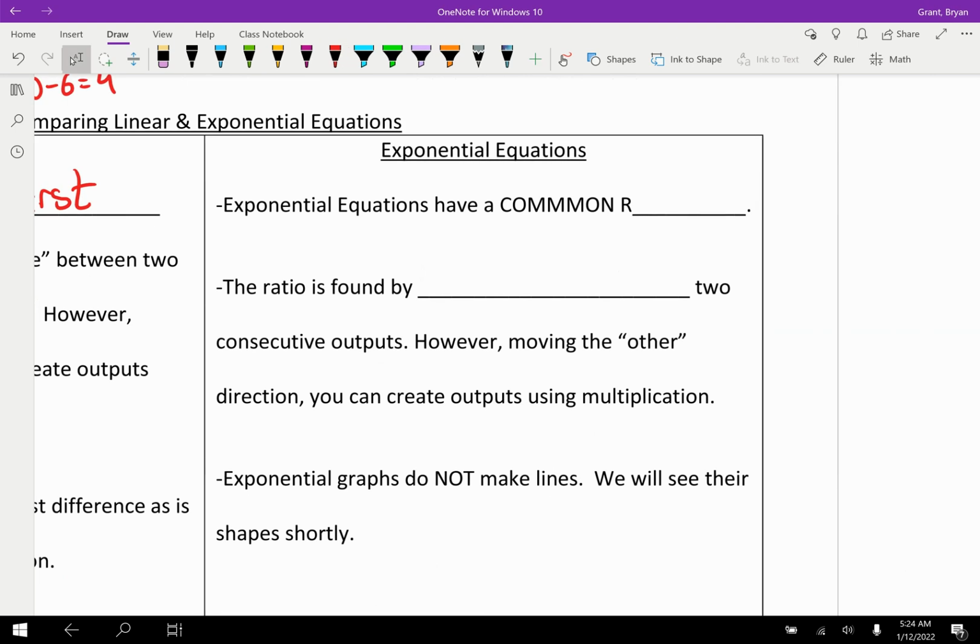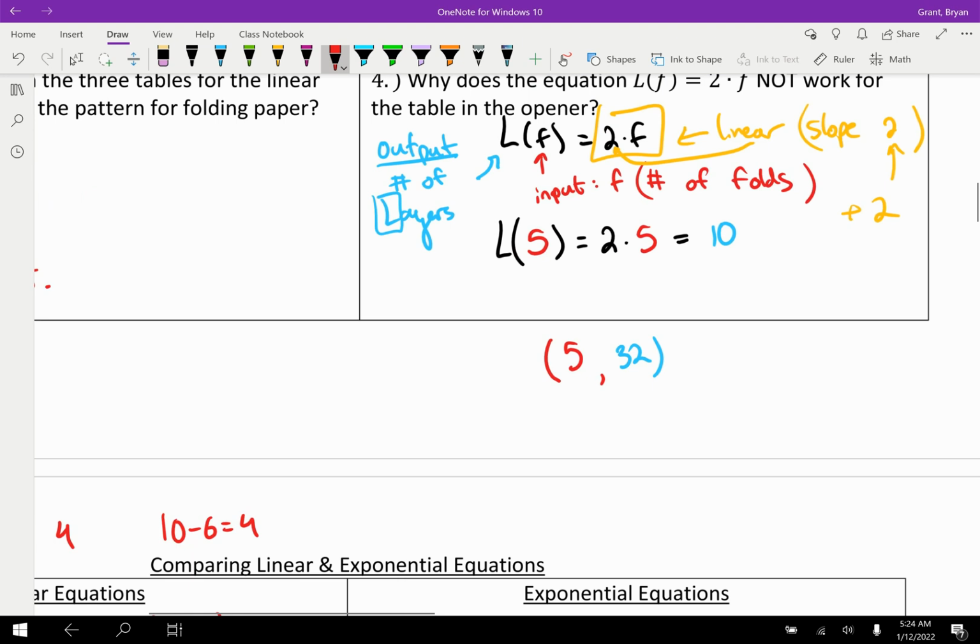Exponential equations have a common ratio between those numbers, and the ratio is found by dividing two consecutive outputs. However, moving the other direction, you can create outputs using multiplication. Let's look at that quickly.